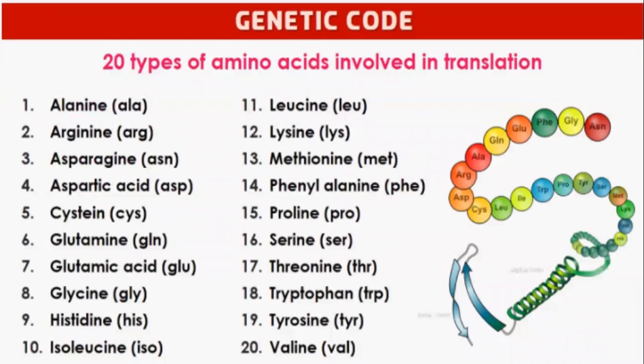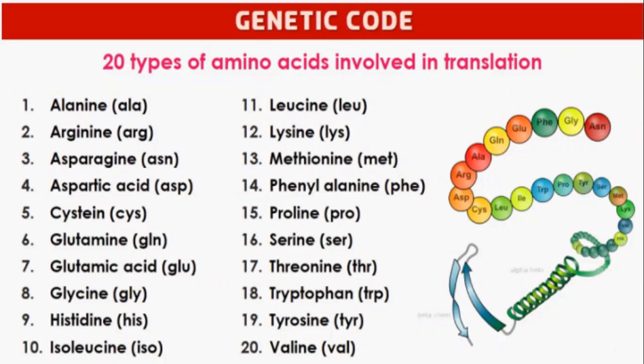And the 20 types of amino acids: alanine, arginine, asparagine, aspartic acid, cysteine, glutamine, glutamic acid, glycine, histidine, isoleucine, leucine, lysine, methionine, phenylalanine, proline, serine, threonine, tryptophan, tyrosine, valine.